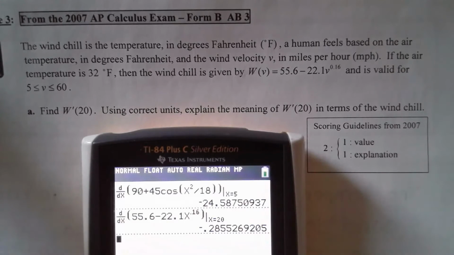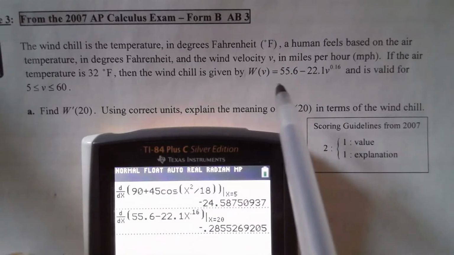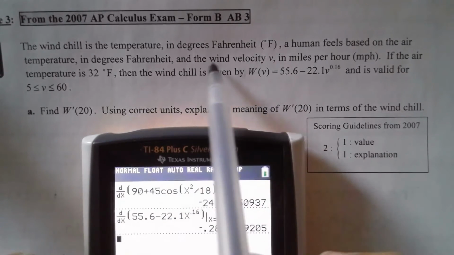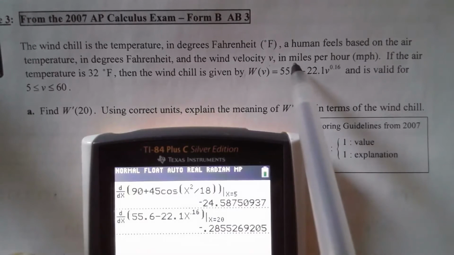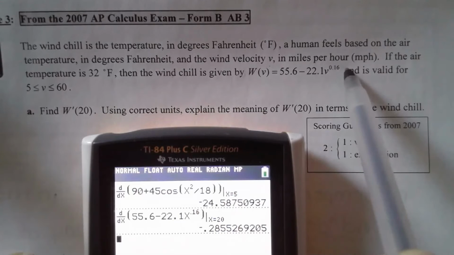This one, so the original wind chill is in miles per hour.